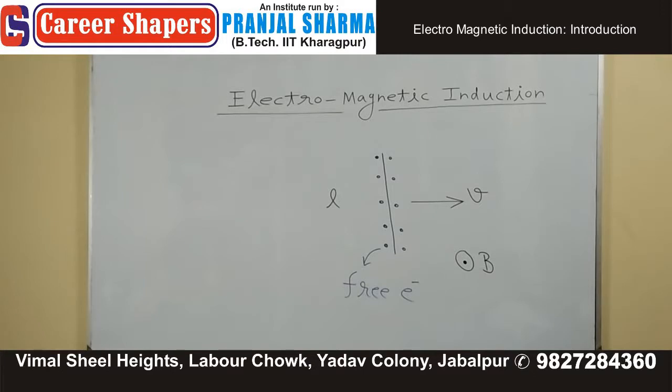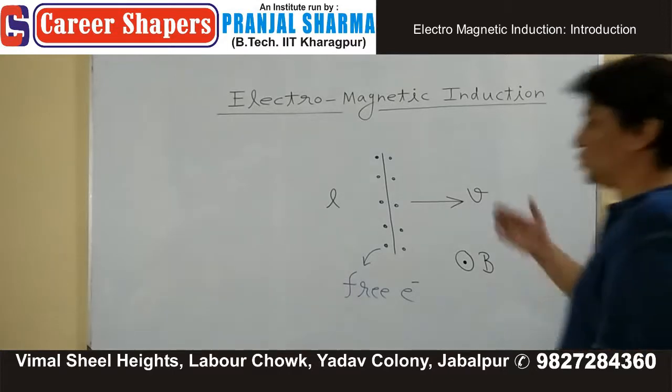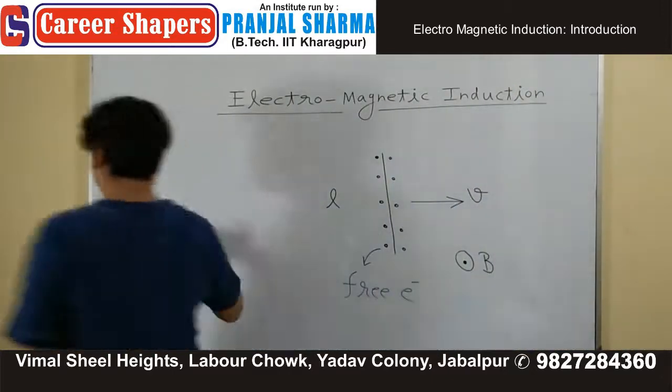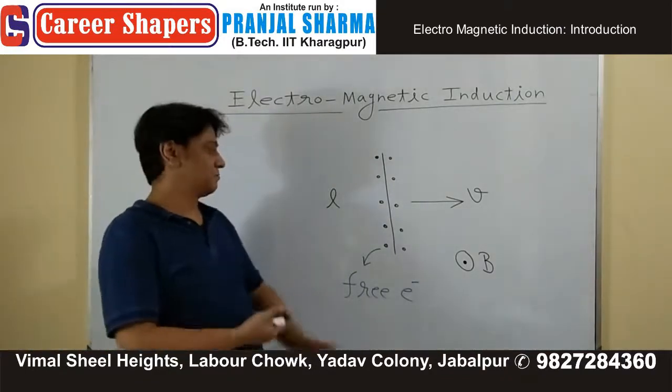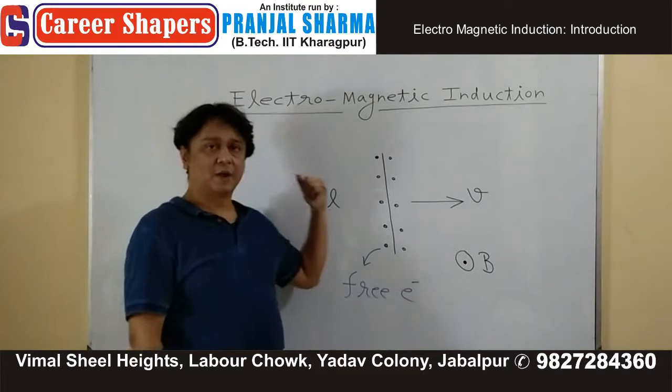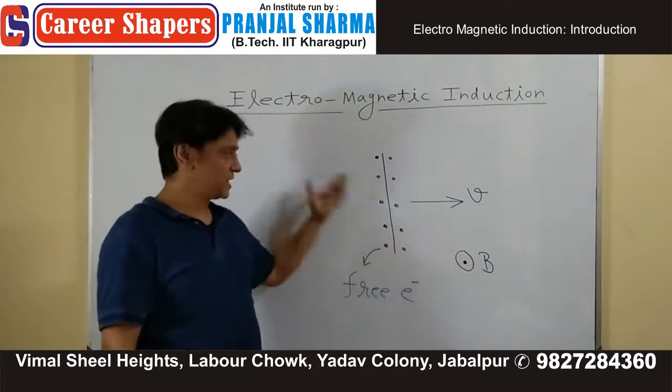Use FBI and get me the direction of magnetic force. I have taught you how to use FBI. When you participate like this, you will learn. Otherwise, if I have to write everything, it will be a difficult task to understand all these things.